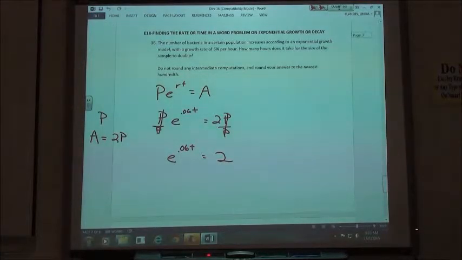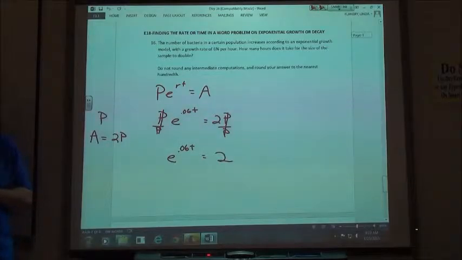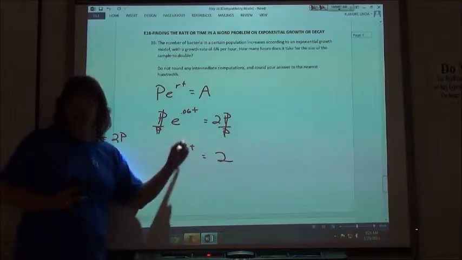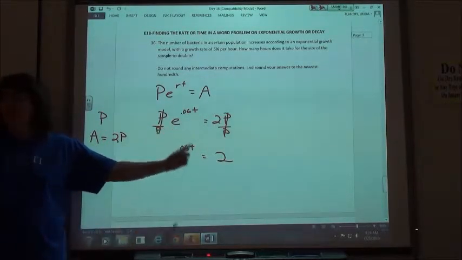Since it's base e, we want to get our variable out of our exponent and we have a base e, we should do what to both sides?